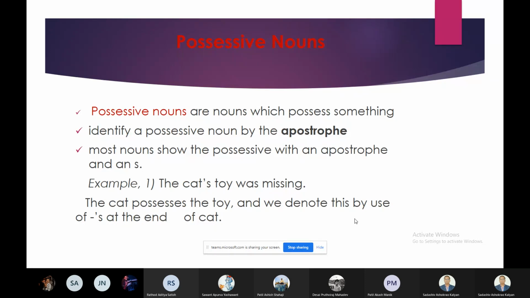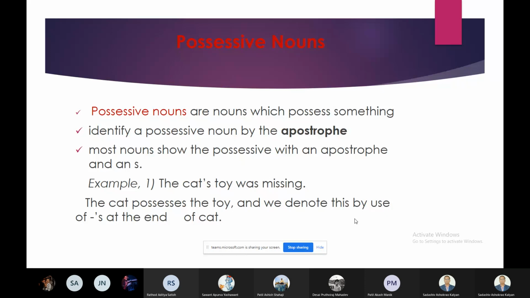Okay, so we have another type of noun, that is the possessive noun. As its name says, it is trying to tell us that something belongs to someone. It shows that it is yours.